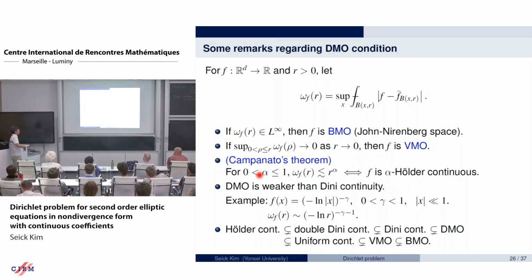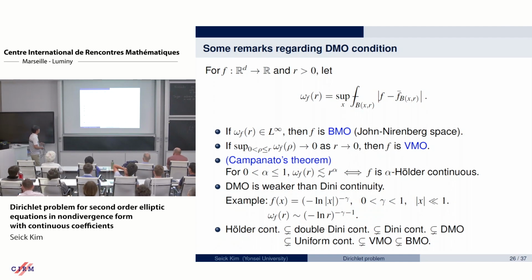But if you come down to this range, and go down to this Dini condition, then we do have an example here. For example, this is Dini continuous if gamma is bigger than 1, but in this range it's not Dini continuous. But if you think about Dini mean oscillation, then you kind of lose the power 1, and this is integrable.